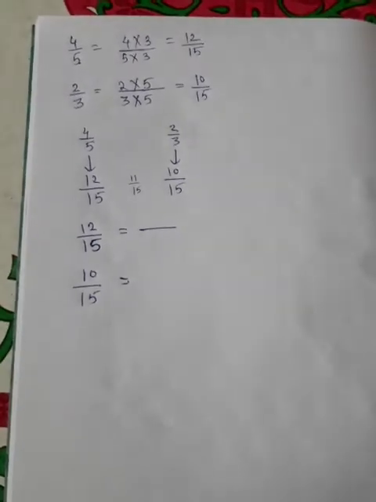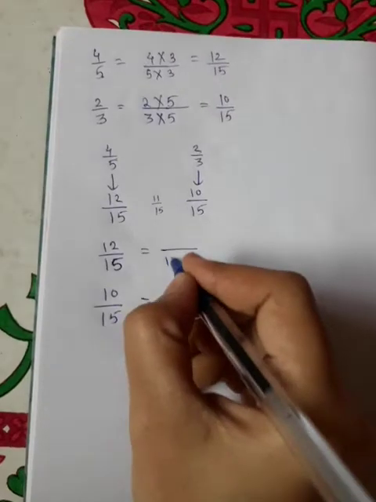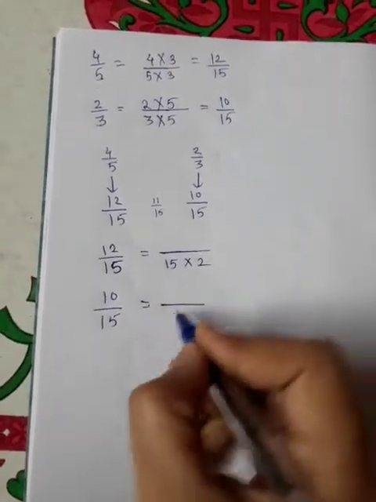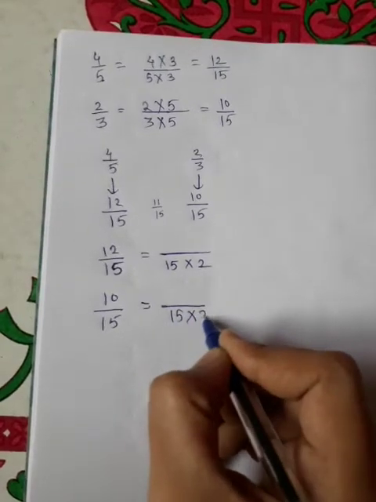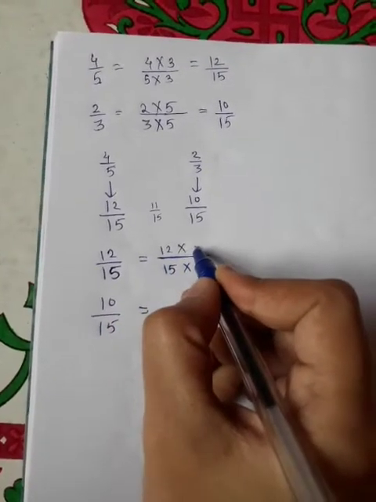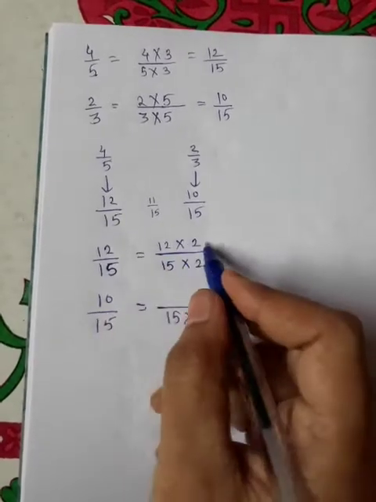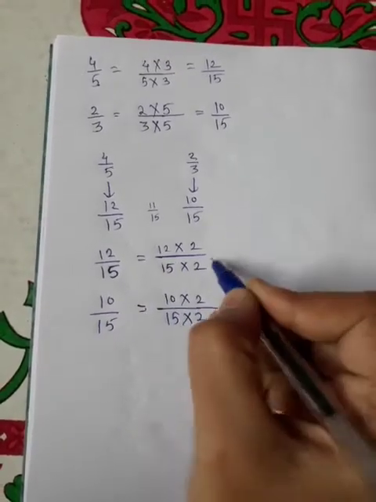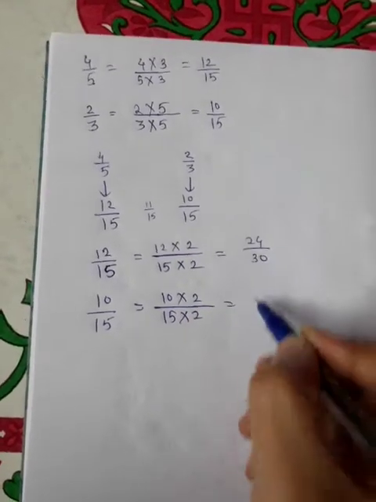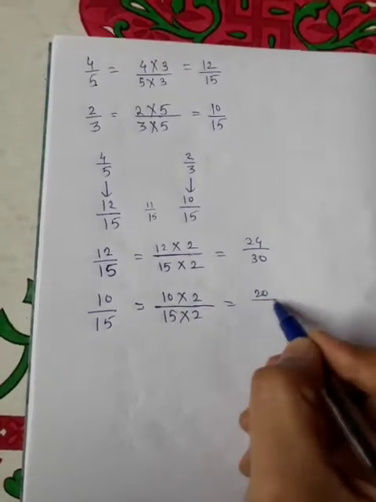If we increase the denominators 2 times, the numerators also increase by the same times. Okay, now see what you will get: 24 by 30 and 20 by 30.